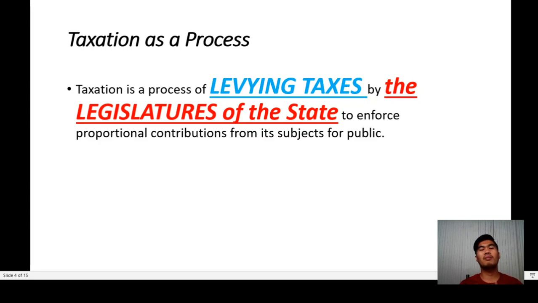Isa to sa mga three branches of the government kung saan sila yung in charge doon sa enacting or drafting bills of taxation. Sila yung in charge doon sa pag-impose o pag-levy ng mga taxes. So sila tong mga congressman. Kumbaga sila yung nakatoka doon sa paggawa o pag-create ng mga tax laws.